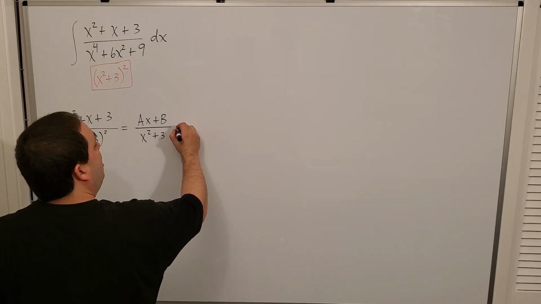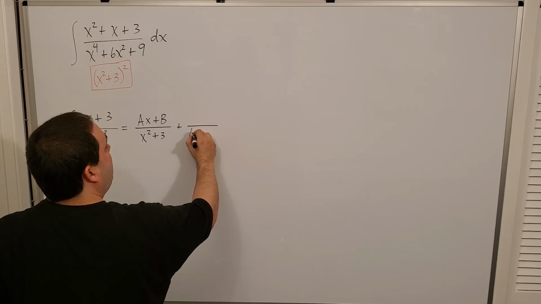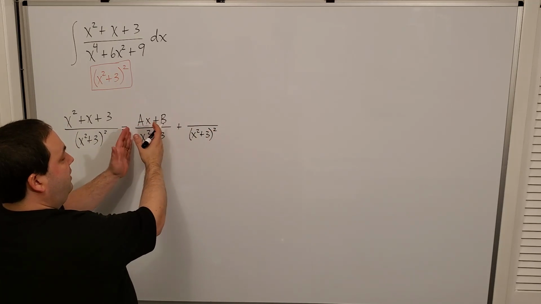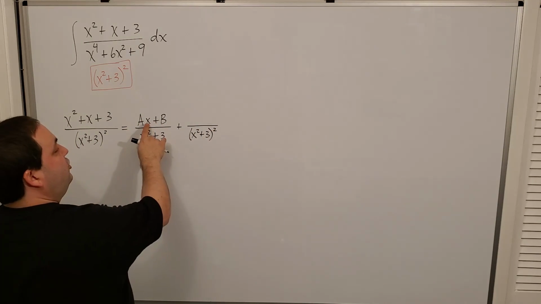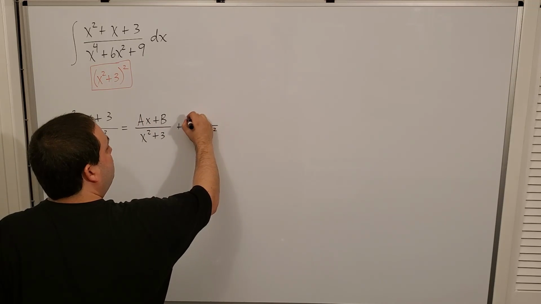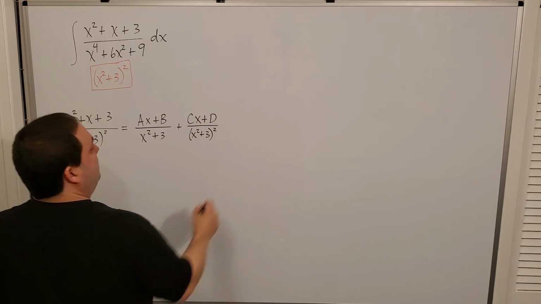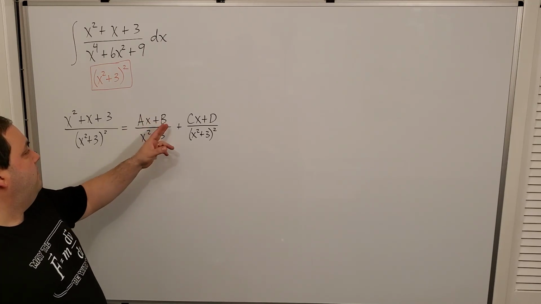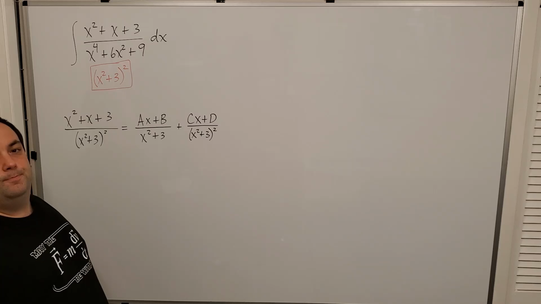Then I add another one with the squared power. And since it's a repeat of the original one like this, then I don't need to go up. I keep the same pattern. So this will just be cx plus d. And now my goal is just to figure out what a, b, c, and d are.